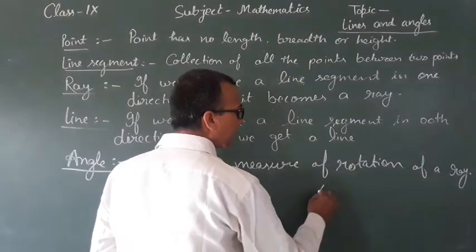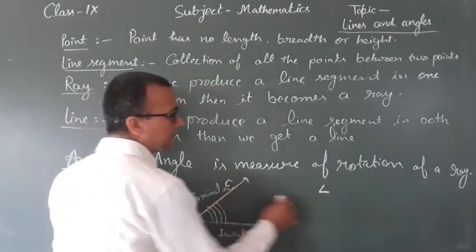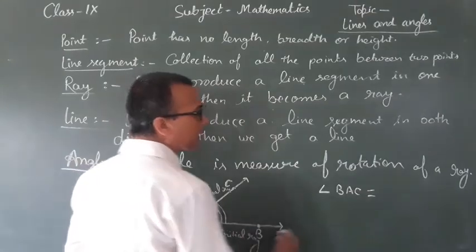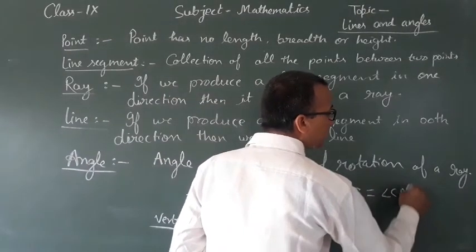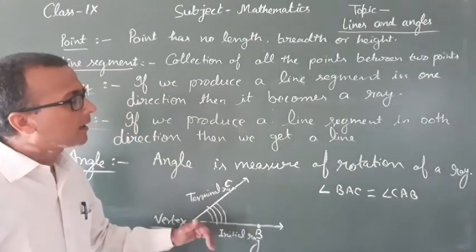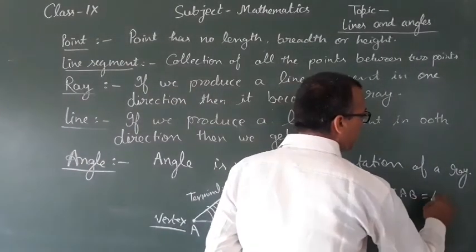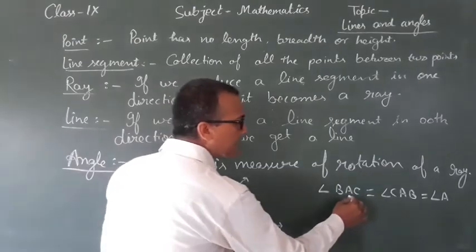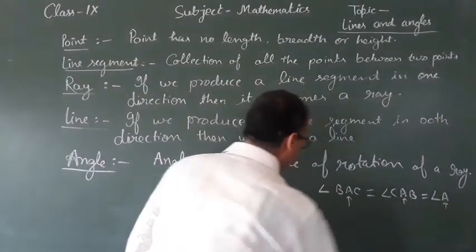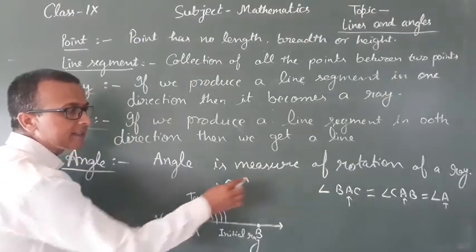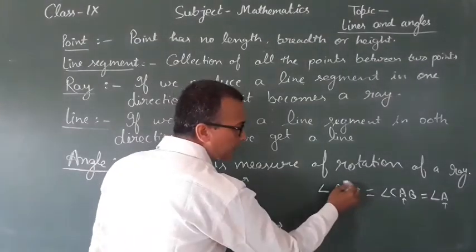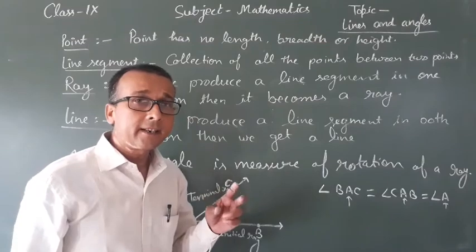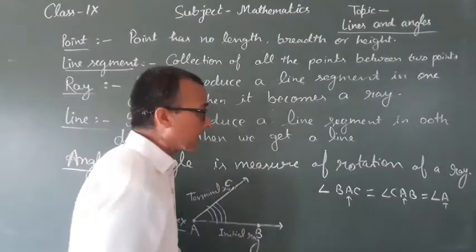It is denoted by angle BAC, or you can denote it CAB. Both notations are equal, and you may also denote it as angle A. In this notation, you watch here that this point A, which is the vertex of the given angle, is in the middle, and by this notation you can find out by which rays or line segments this angle is made up of.